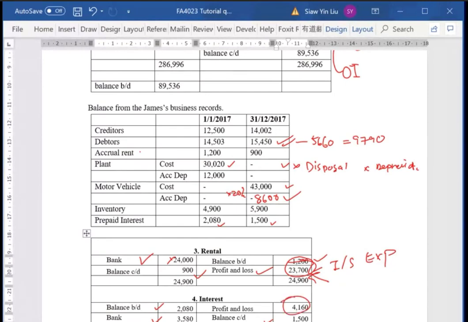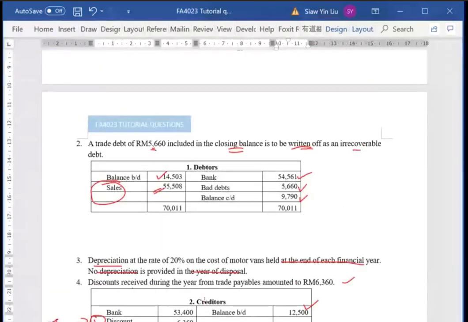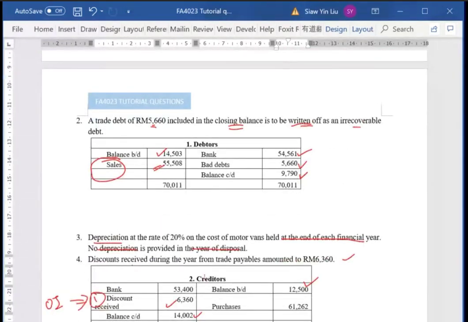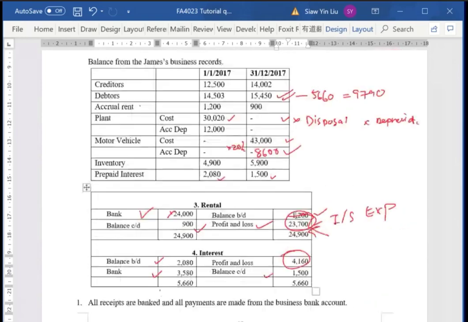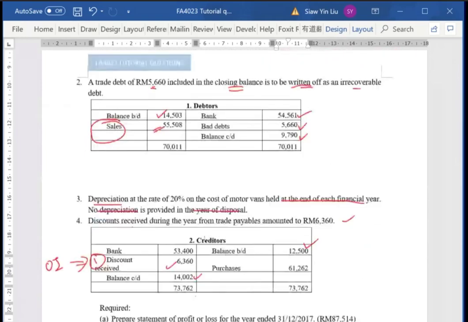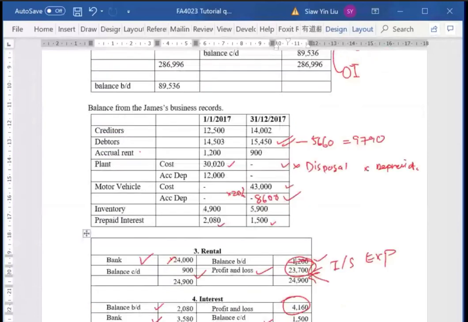So now you've got your sales figure, right? You look at here. You've got your sales figure, you've got your purchase figure, and then you've got your opening inventory and your closing inventory. You can do your gross profit, then add the other income from disposal and also the other income from discount received, and minus all the expenses here.